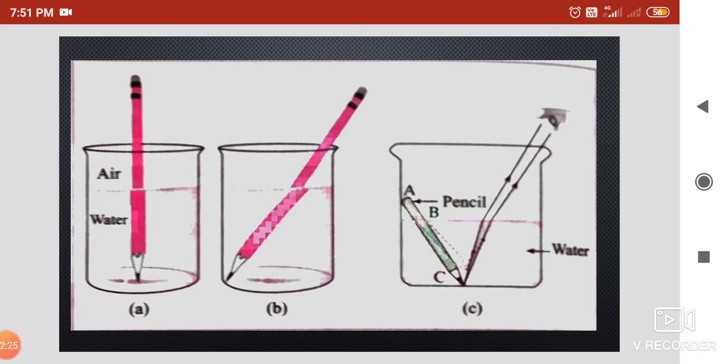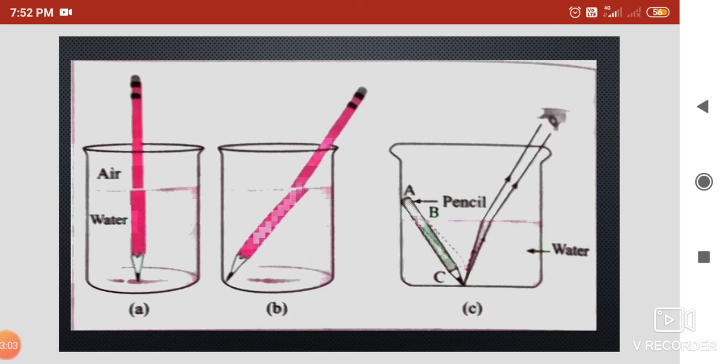When the pencil is dipped in the beaker containing water, you can see that at the surface of the water the pencil looks broken. It shows a different phenomenon called refraction. Due to refraction, the pencil looks broken at the surface of water, or it looks bent inside the water.